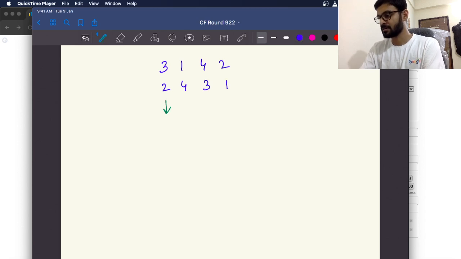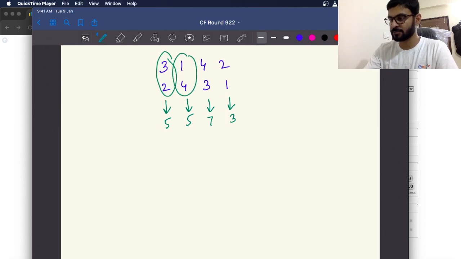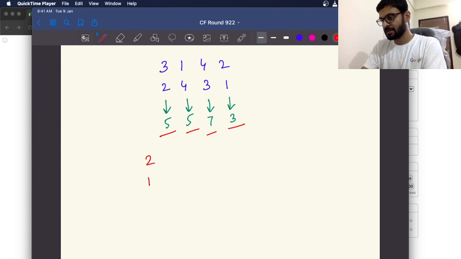So this is 5, this is 5, this is 7, this is 3, the summation. 3 plus 2, 5, 1 plus 4, 5, 4 plus 3, 7, in this way. Now, the simple technique I have figured out is this 3 will come first, then this 5, then this 5, then this 7. So what do I get? 2, 1, and then 3, 2, and then 1, 4, and then 4, 3.